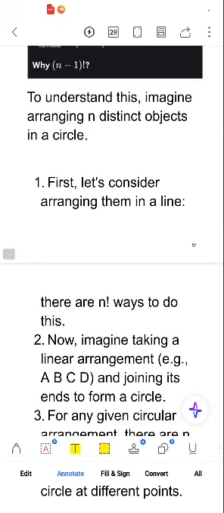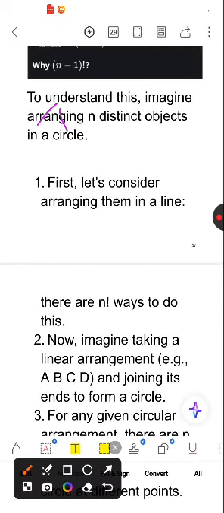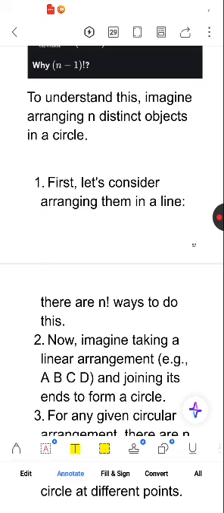So we have A, B, C, and then D. If you want to get the number of different arrangements for a linear permutation, for distinct letters in a word or objects, you have to take n factorial, the total number factorial. So here A, B, C, D, 4. So 4 factorial. That's what you can do.